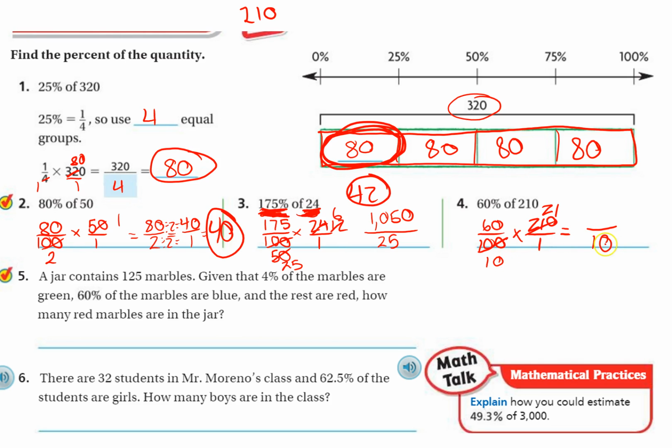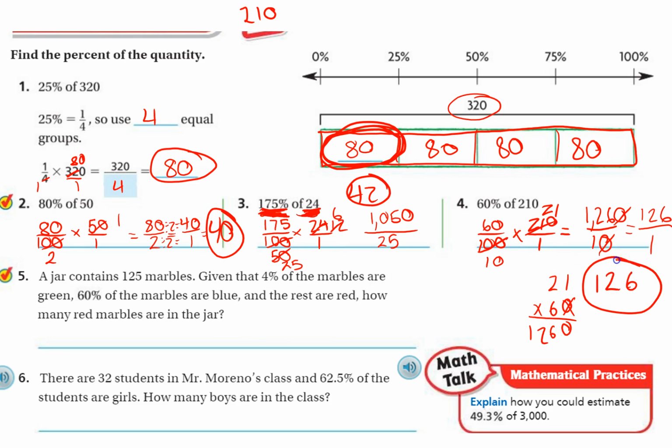Get 10, 10 times 1 is 10, and then 21 times 60. I'm going to get zeros. Done with that, 0 placeholder, 6, 12, 1,260, and then divide both the top and the bottom by 10. It's going to cut off those zeros, and you're going to end up with 126 over 1, which is equal to just 126.